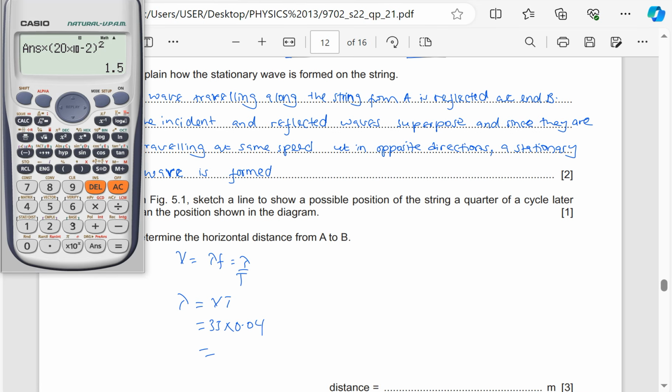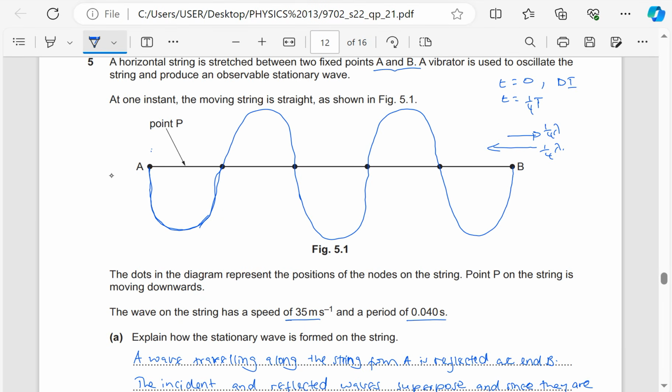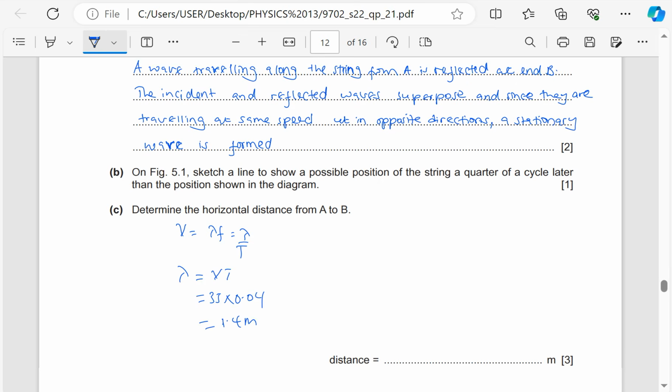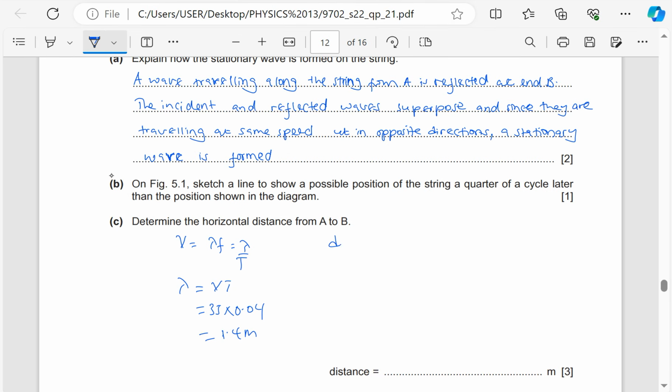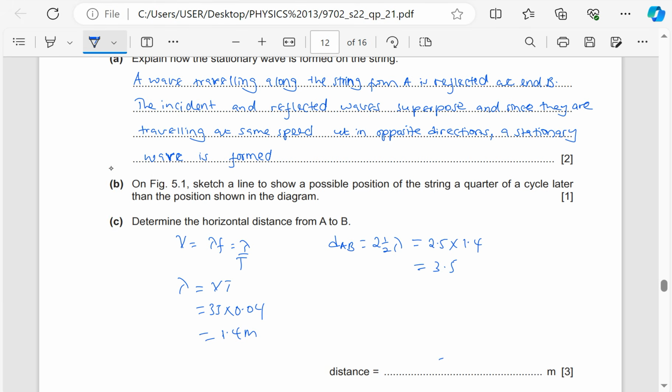So 35 times 0.04 is 1.4. That is the wavelength. Distance AB is 2 cycles and a half, which is 2.5 wavelengths, the same as 2.5 times 1.4, and this gives me 3.5. So the answer here is going to be 3.5 meters.